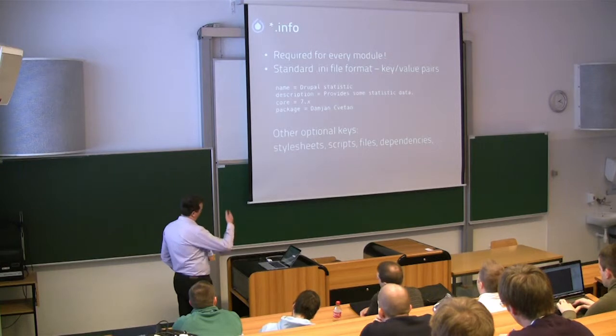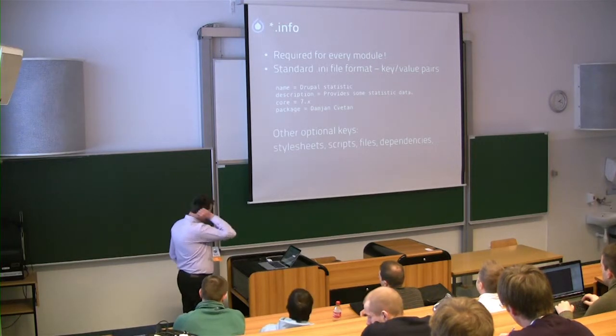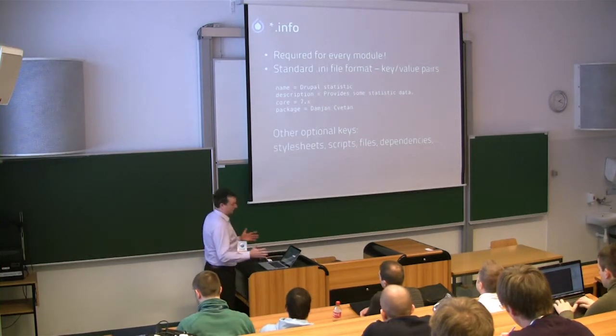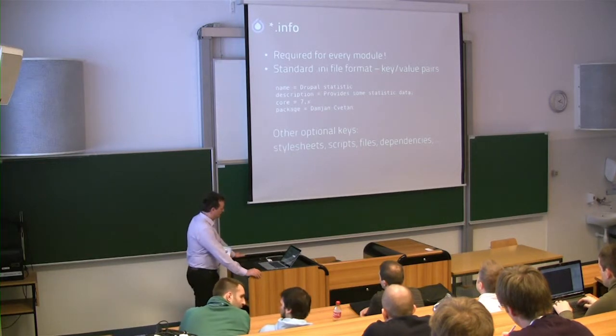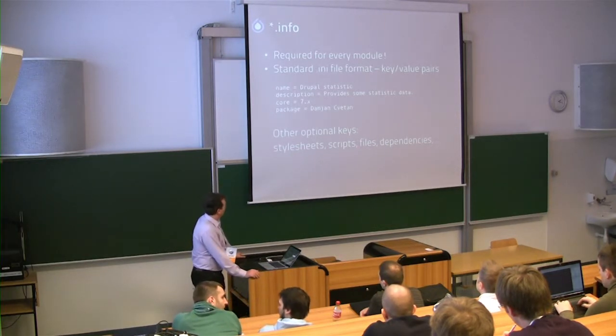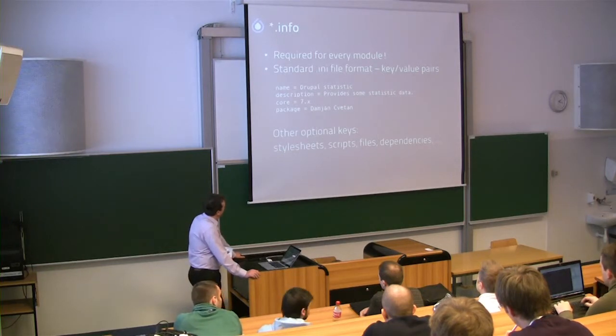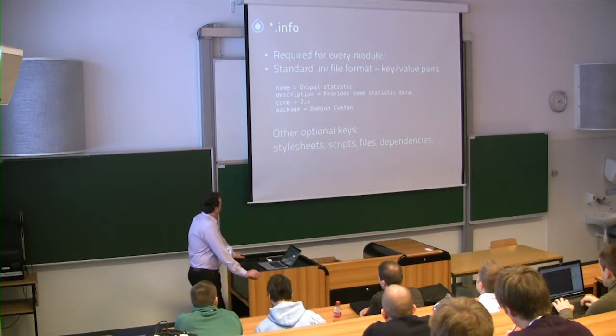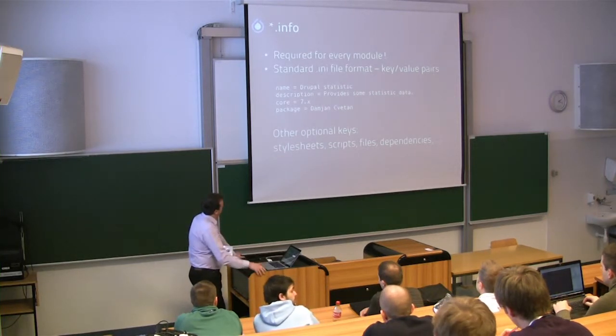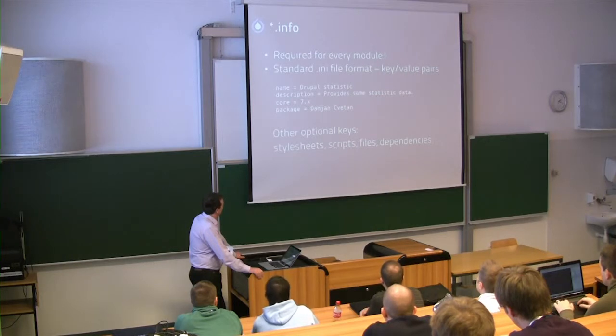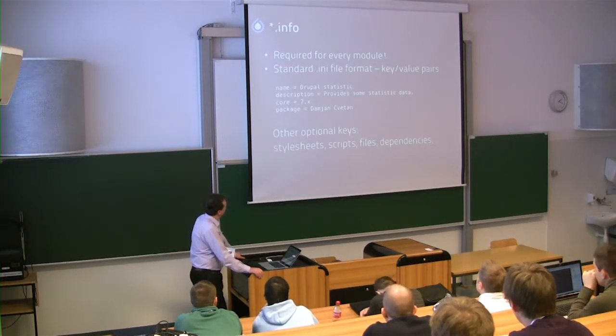Here, for example, I've used the name, Drupal statistic. This could be a short or long string. The description can be even longer. With core, you define in which Drupal version your module is able to run. And these first three keys are required to be inside the .info file.